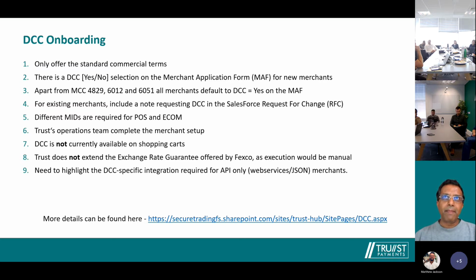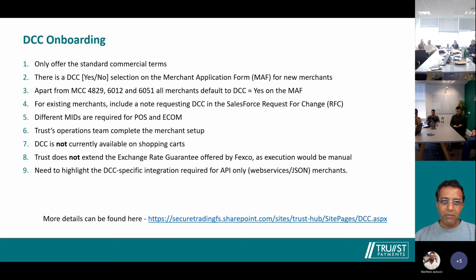Now, for most retail merchants, DCC is a good thing, right? From what we've discussed so far, the merchant hasn't had to do anything. They literally just pick it and it becomes available at the point of sale once we know what currency the customer's card is in.